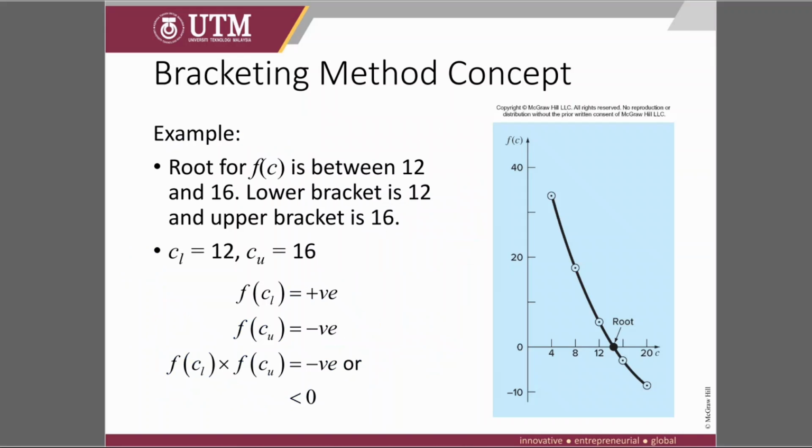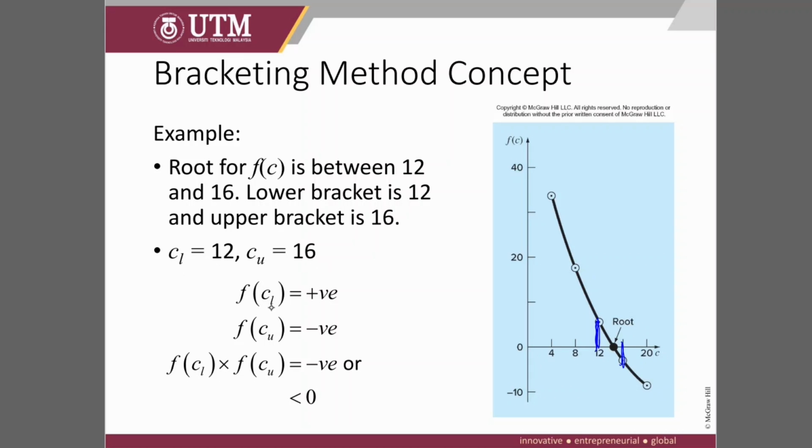Right, so for example, in our case here, the root for f(c) is between 12 and 16. So this is 12 and this is 16. There's a root here, right? So the lower bracket is 12, the upper bracket is 16.